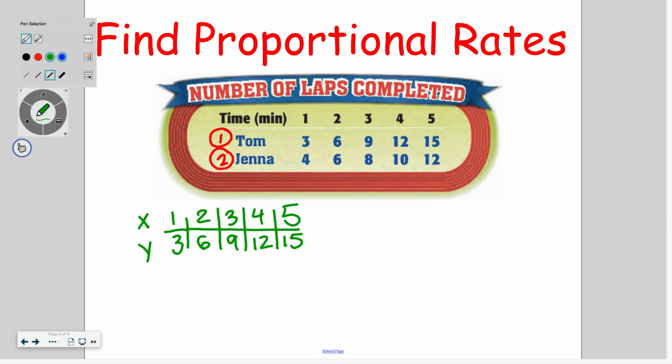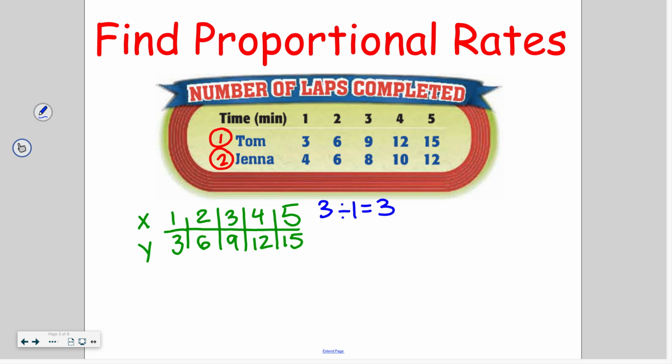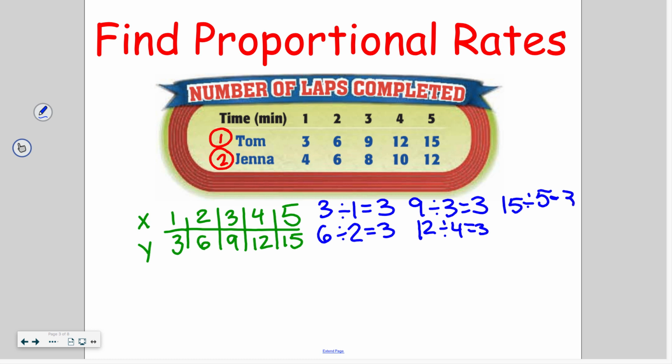So we're going to take our y value, the first one, which is 3, and divide by x, giving us 3. Then we take the second one, divide, which gives us 3. Then our third pair, 9 divided by 3 is 3, 12 divided by 4 is 3, and finally 15 divided by 5 is also 3.